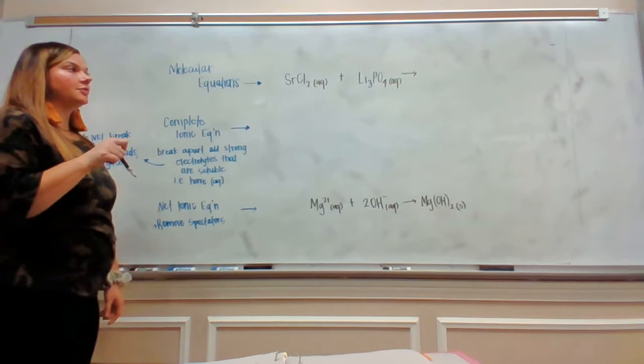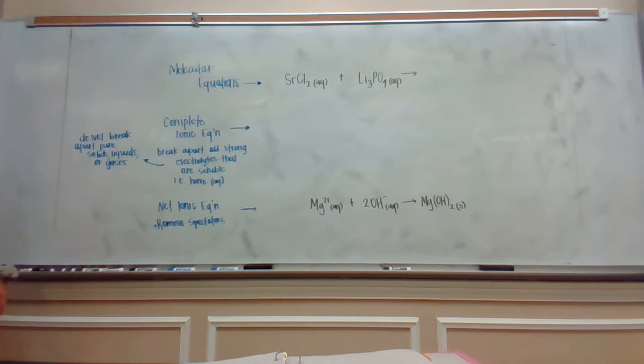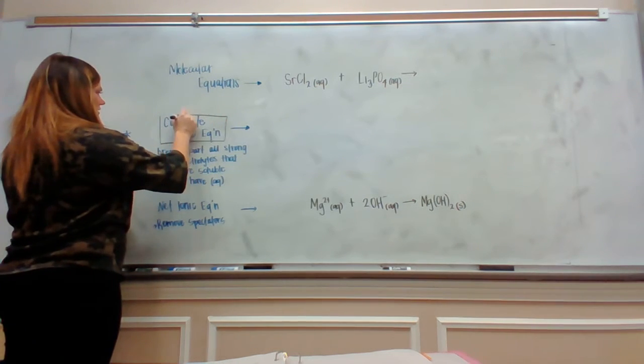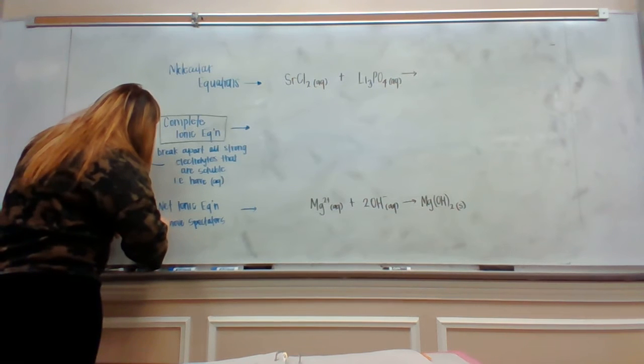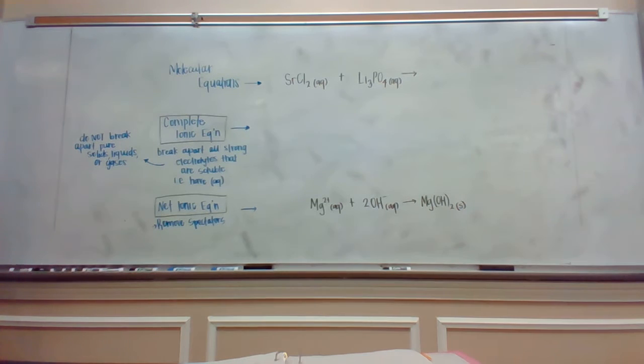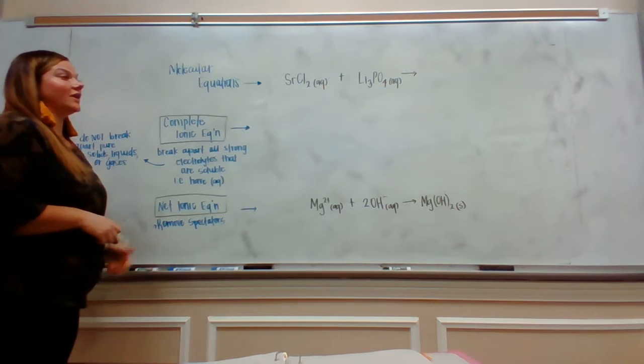Right, so let's predict our products of this equation, then let's write our complete ionic and our net ionic. So if you do have to predict the product, sometimes it's easier to go ahead and start your complete ionic equation.